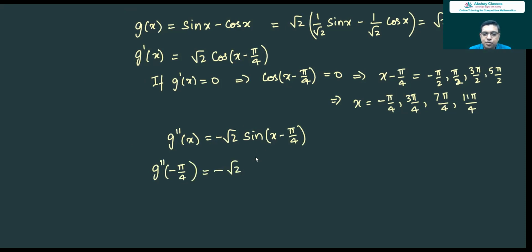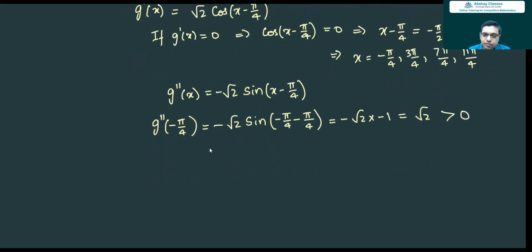We get minus root 2 sine of minus pi by 4 minus pi by 4, that is minus pi by 2. Sine of minus pi by 2 is minus sine pi by 2, which is minus 1, so the result is root 2, greater than 0.